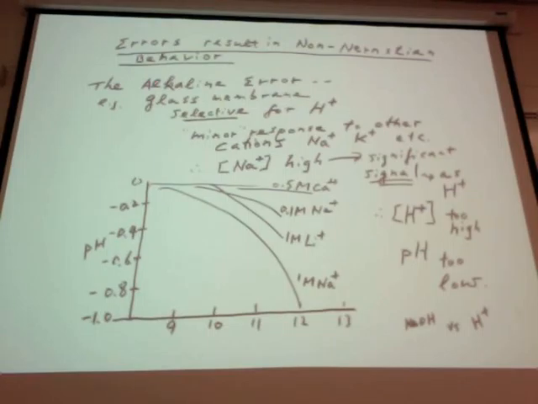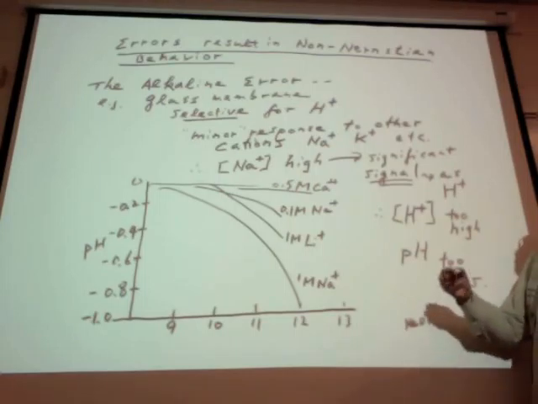Even though the membrane is selective for H plus, when this concentration is 1,000 times higher, say the selectivity is 1,000 to 1, then they will be equal in terms of reading quantity. So this is the so-called alkaline error.